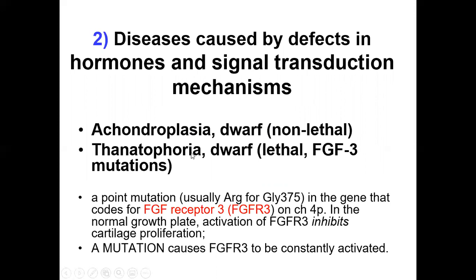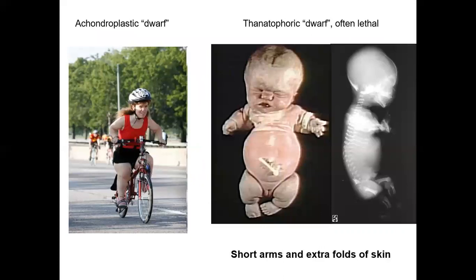So achondroplasia is a point mutation disease, that is usually arginine for lysine 375 in the gene that codes for FGF receptor 3 on chromosome 4p. So this is achondroplasia: dwarfism, short arms, extra folds of skin.